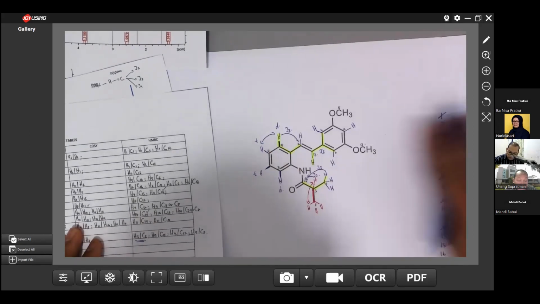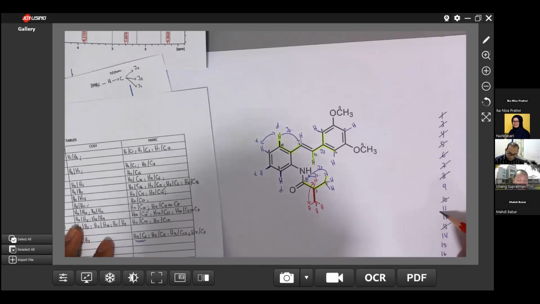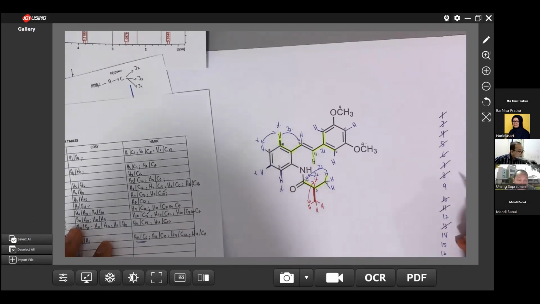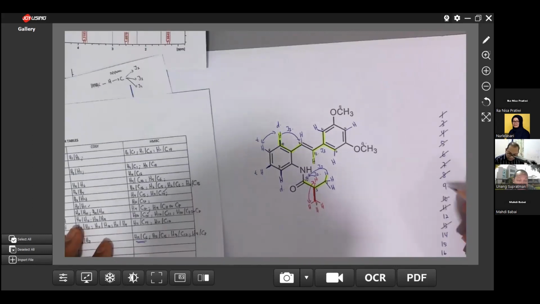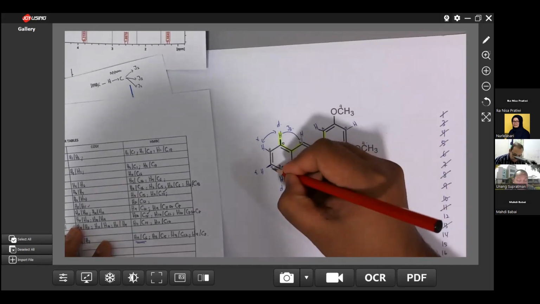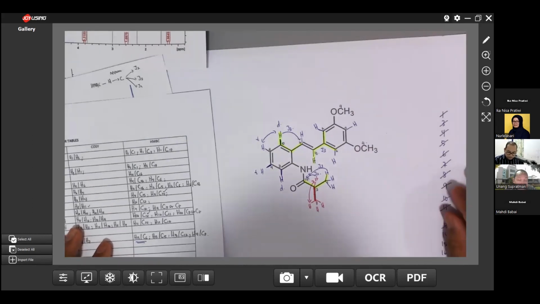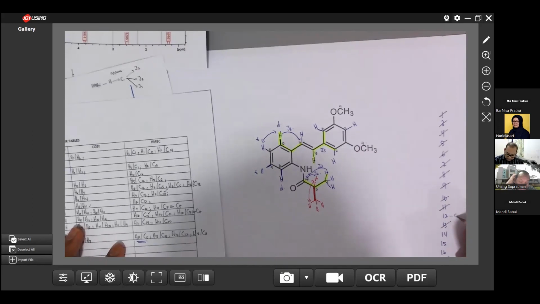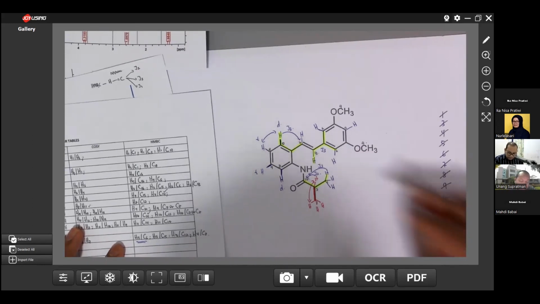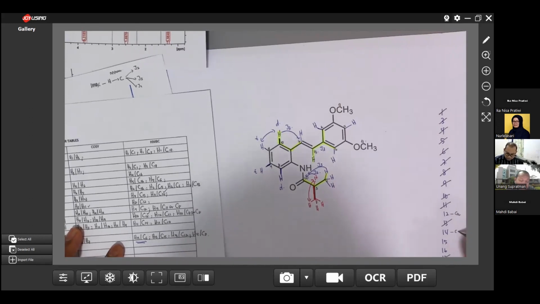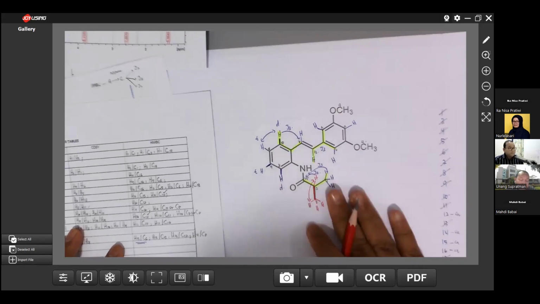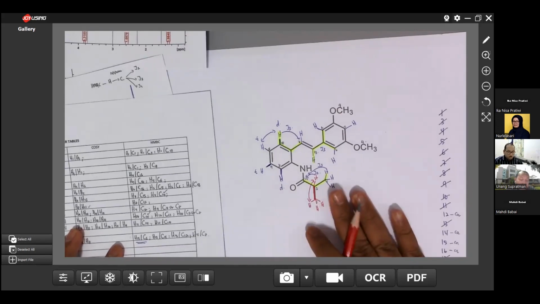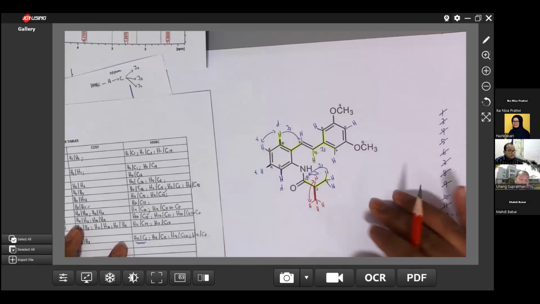Okay, H11 done. And the last triplet is number 9. Number 9 here. So number 12, if I'm not mistaken, is a quaternary carbon, and 14 around here is quaternary, which you can do after this. I hope it will help you.